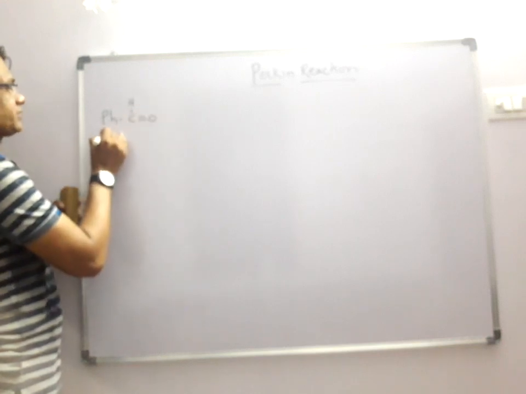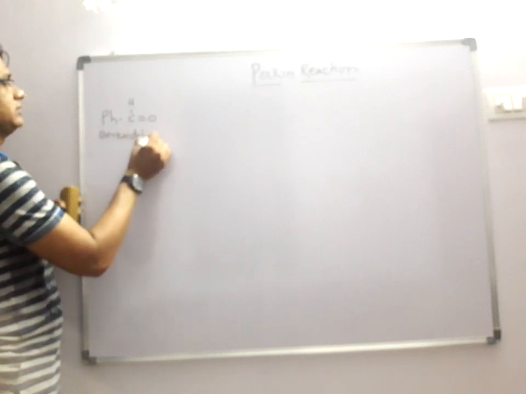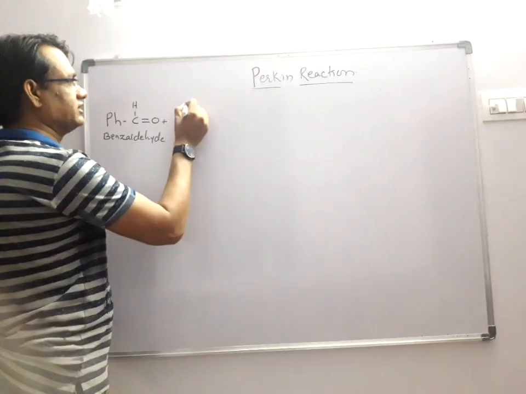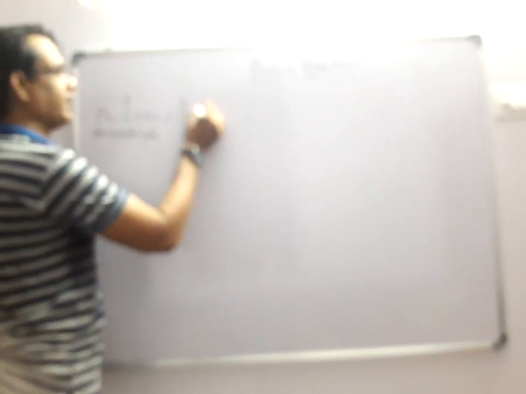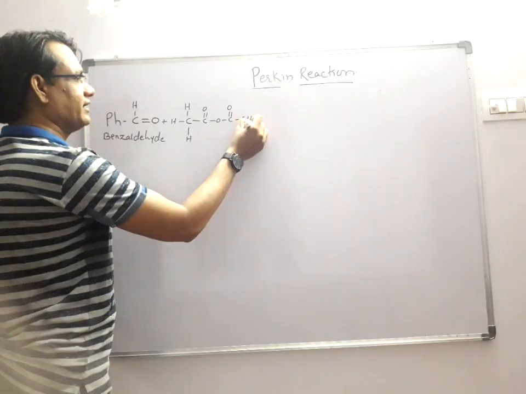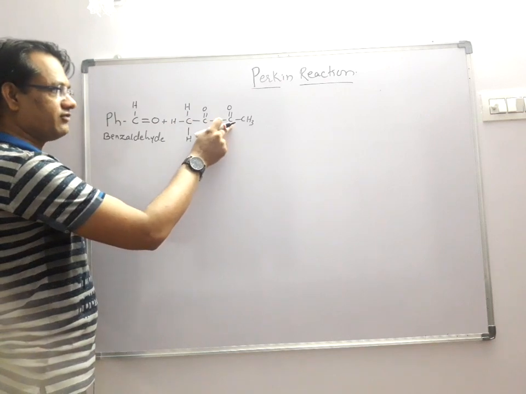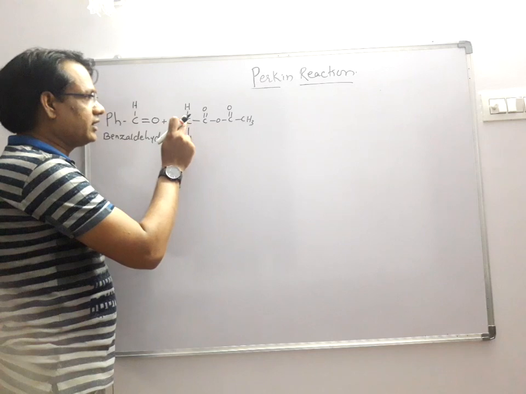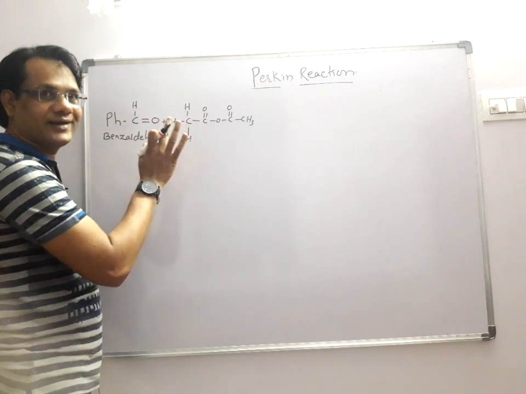This is benzaldehyde, and we'll take acetic anhydride which has at least 2 alpha hydrogen atoms. So this is acetic anhydride. Here this is alpha carbon atom and this is also alpha carbon atom, but we'll consider this one only. So this is alpha carbon atom, and to this alpha carbon atom 3 alpha hydrogen atoms are attached here.